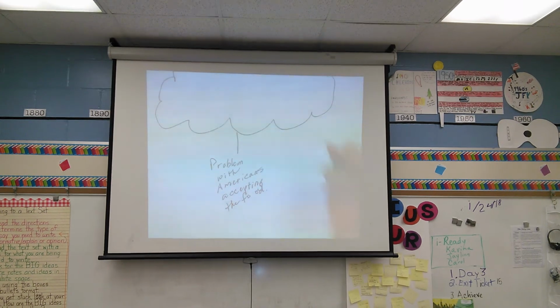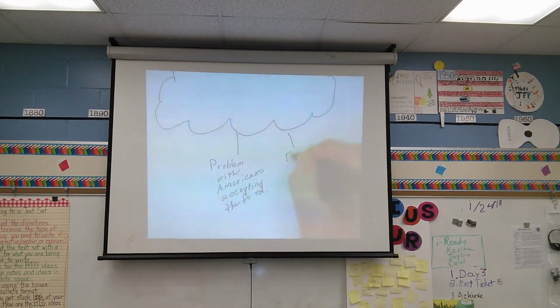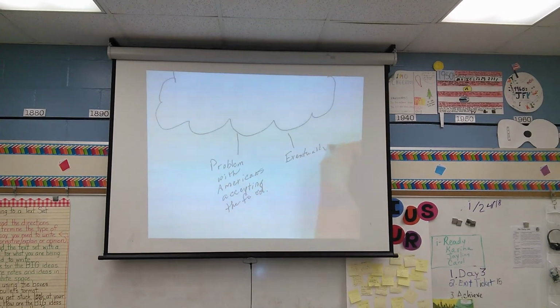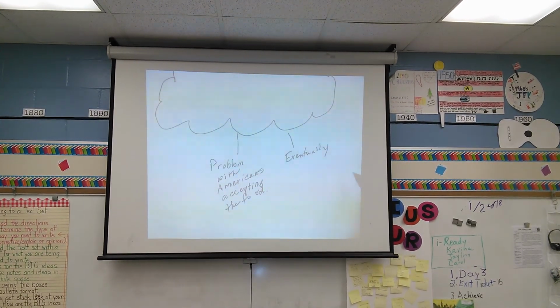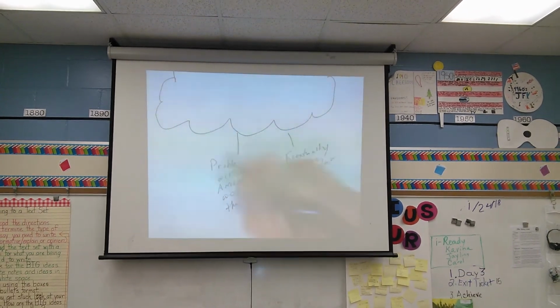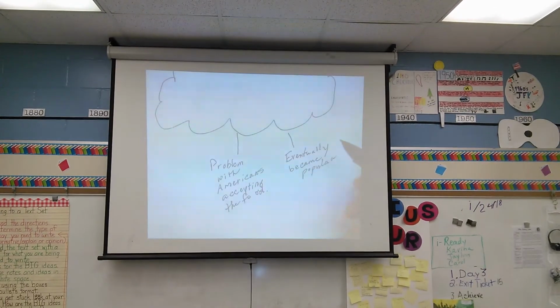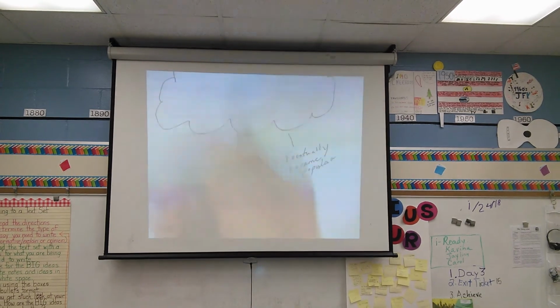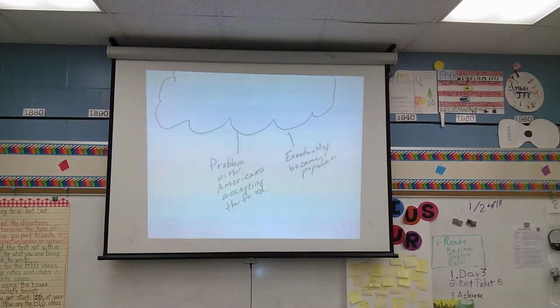Okay. So they eventually became popular. Now notice I'm not writing this in a complete sentence yet. I'm just jotting down the ideas. Okay, so for one thing, we had a problem with Americans accepting the food, and then they eventually became popular, which I think echoes what Sawyer had said earlier.